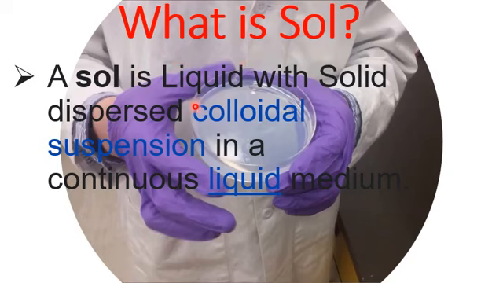The chemical precursor in the liquid solvent reacts and is in a solid phase as a dispersed colloid in a continuous liquid solvent. So these solid dispersed colloids in a continuous liquid medium are known as sol.